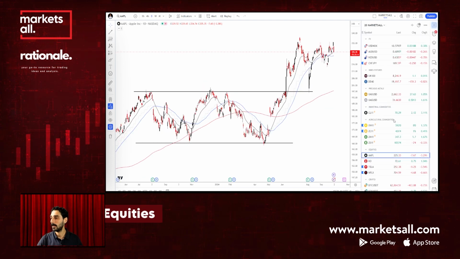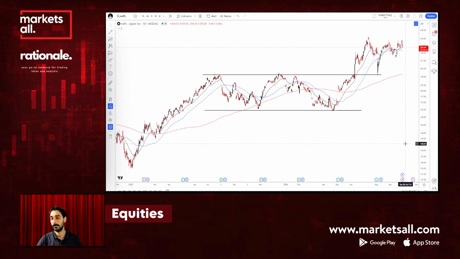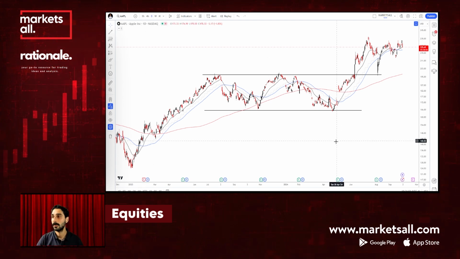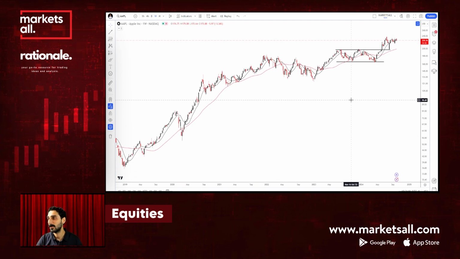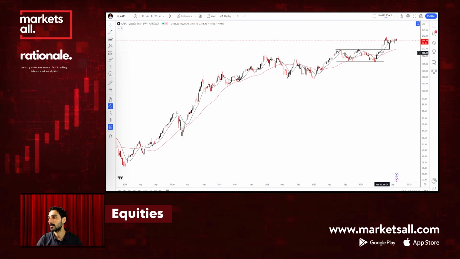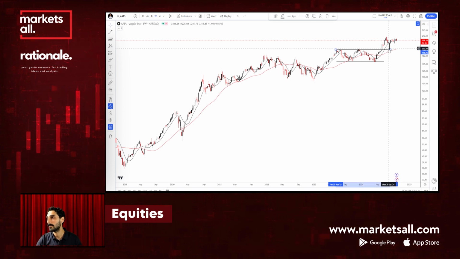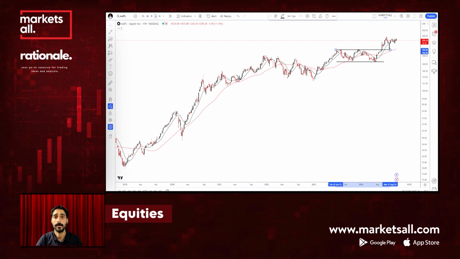And lastly, before cryptos, I want to touch on some equities. Here in Apple, in the weekly chart, this rectangle chart pattern is broken out, pulled back. As you can see, it got rejected from this support and is moving back.